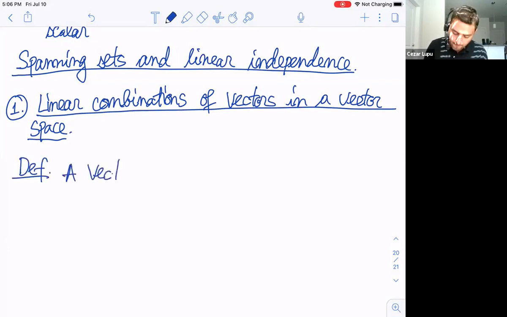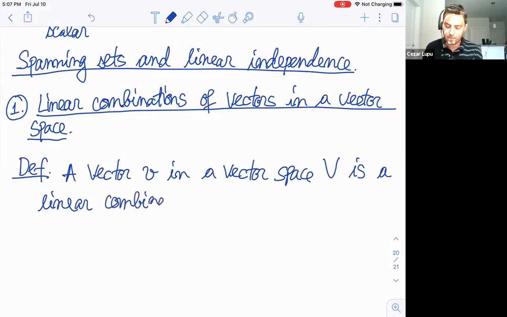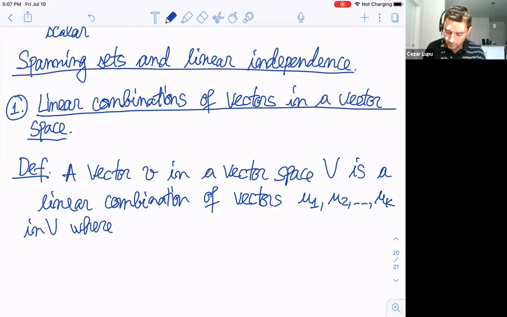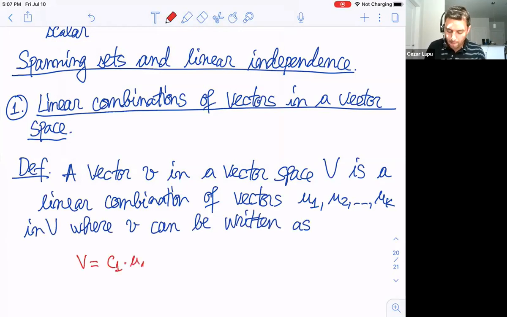A vector V in a vector space V is a linear combination of vectors, let's say U1, U2, ..., UK in V (I'm keeping the notation from the notes), if the vector V can be written as V equals C1U1 plus C2U2 plus ... plus CKUK.